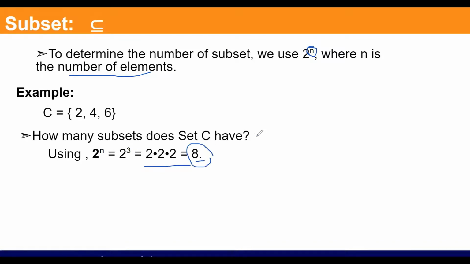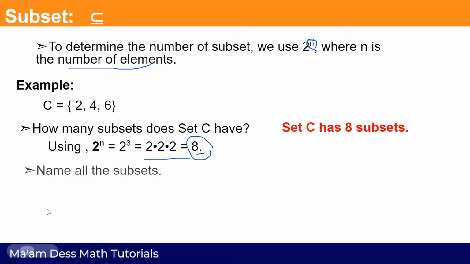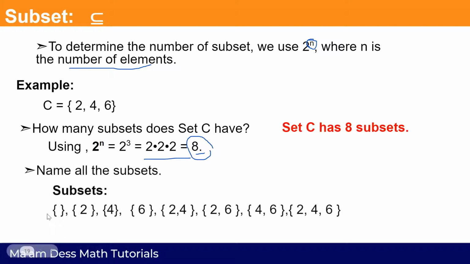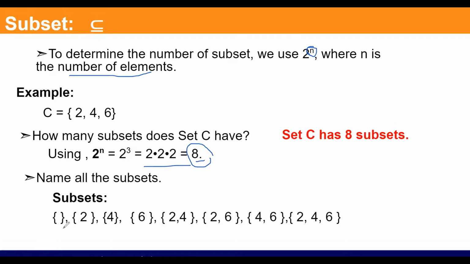So how do we get those 8 subsets? Let us now list all the subsets. Start from the null set. That's always the case: when we are going to identify the subsets, you start from the null set. Then copy the elements, null set, 2, 4, and 6. One at a time. Again, start from the null set and then list the elements one at a time.